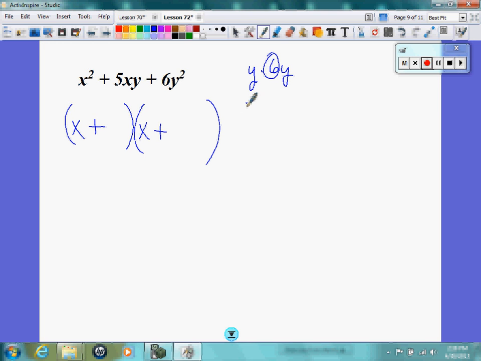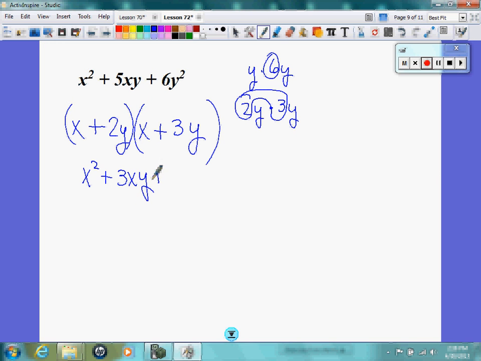Okay, so we come on down. We've got 2y times 3y. Well, the sum of 2 and 3 is in fact 5. So let's put those in here, 2y and 3y, and let's try that. Make sure that's right. We're using FOIL. First times first is x squared. Outer times outer is plus 3xy.